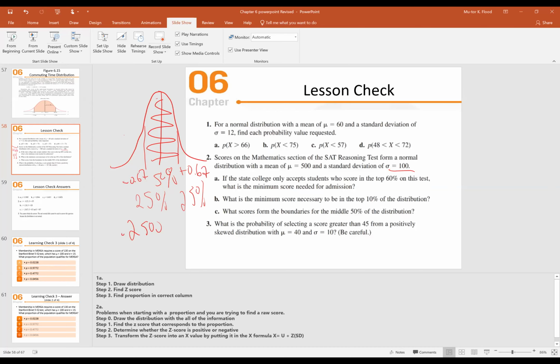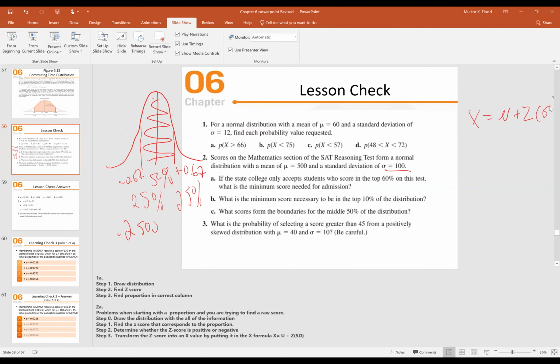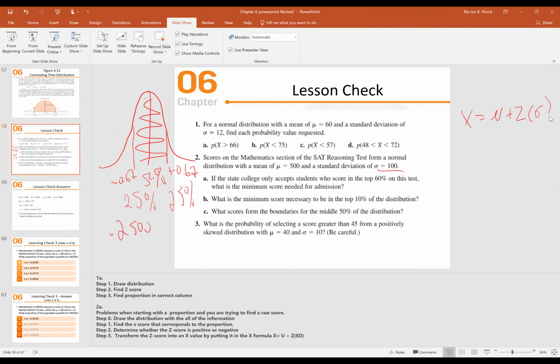Next, we are going to find the raw score by putting both of those z-scores into our X formula. Remember the X formula? X equals the population mean plus the z-score times the standard deviation.